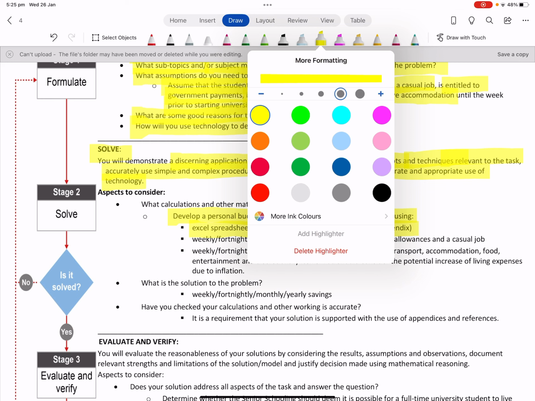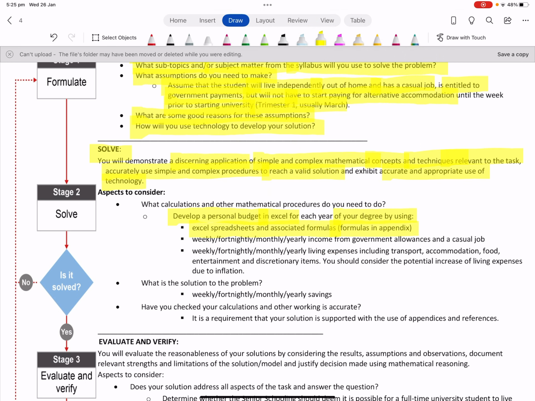So the budgets that you will want to create are also major ones. You will have information for each year of your degree, as well as what the income is and what the living expenses are, which is probably in just one budget.